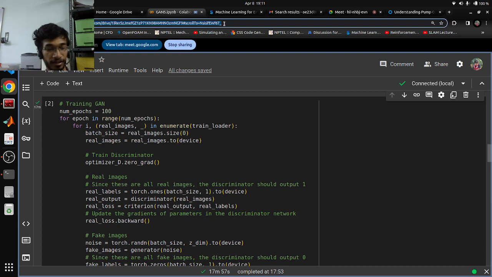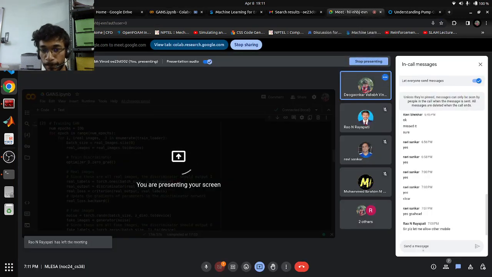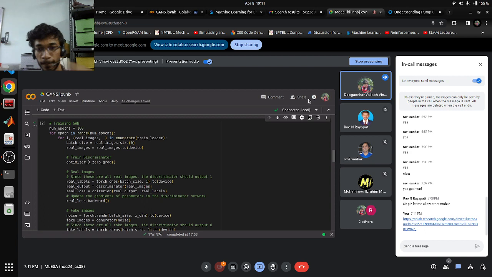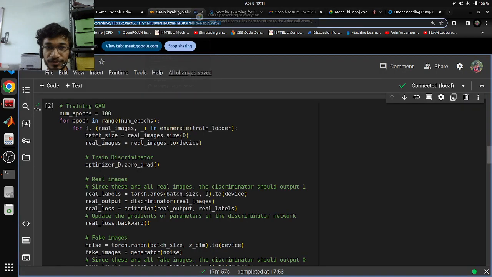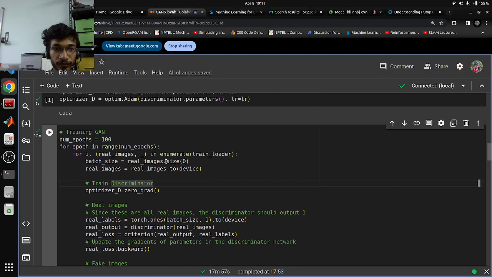Maybe I didn't share the Colab notebook yet. When you want to check through the code, you can go through it. Okay, so now we come to the training loop.